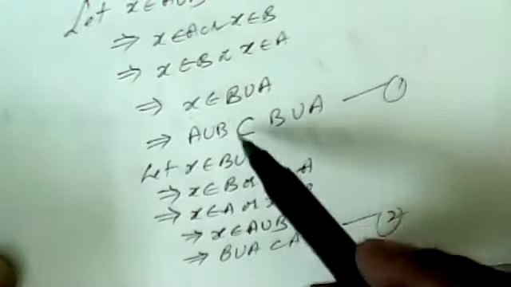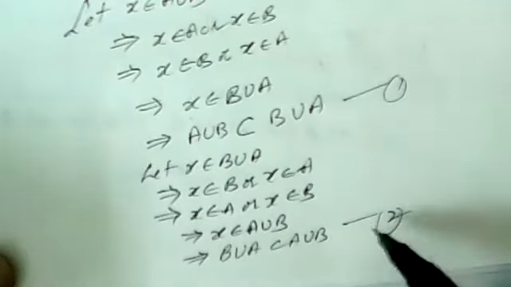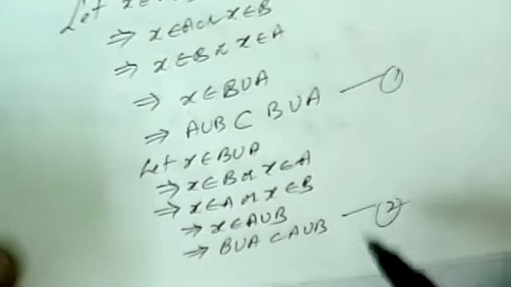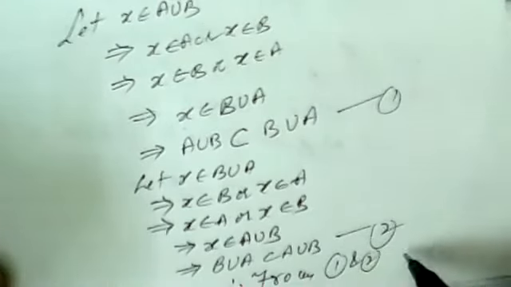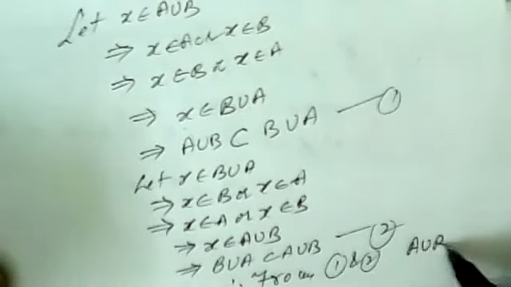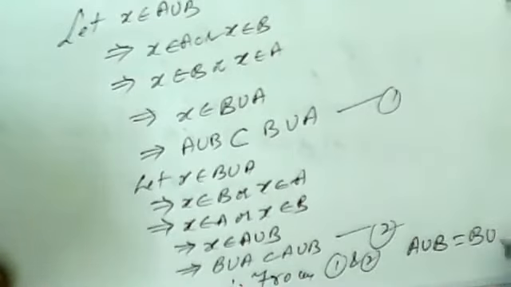From 1, A union B is contained in B union A; from 2, B union A is contained in A union B. Therefore, from 1 and 2, you can say that A union B is equal to B union A.